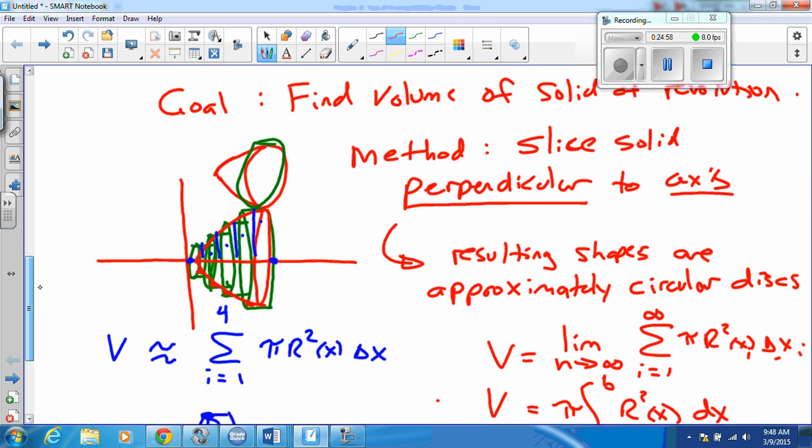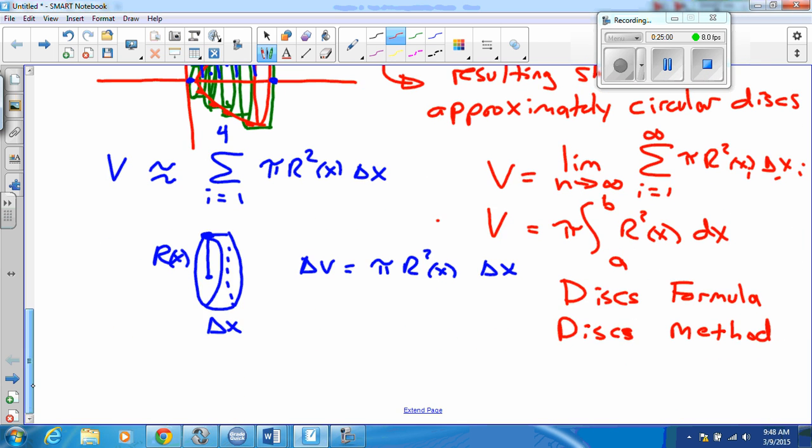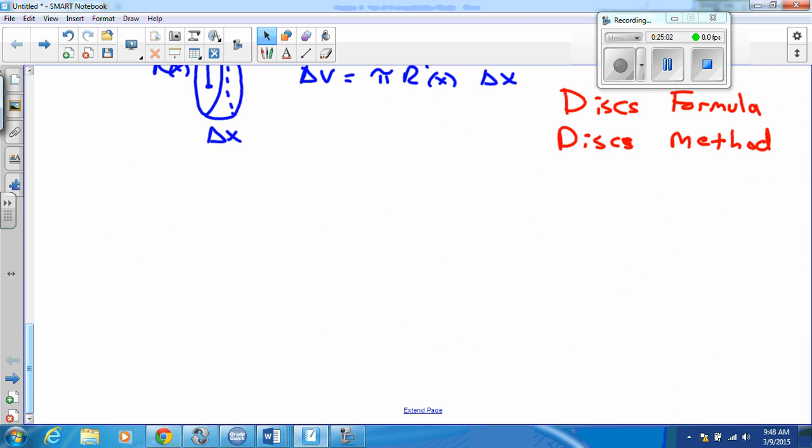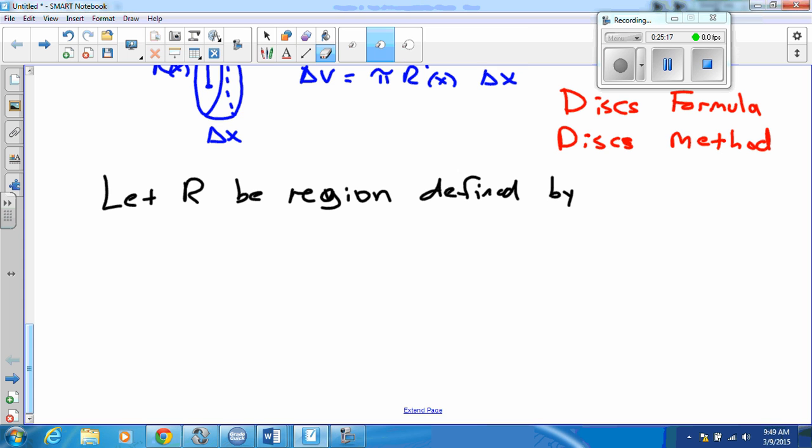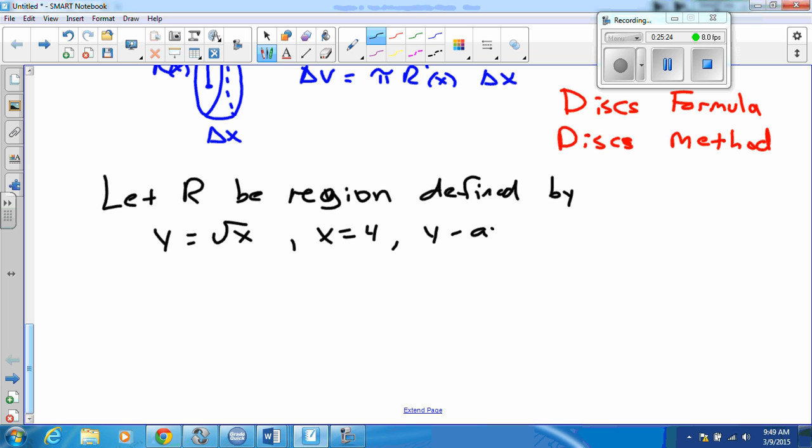So here's our theory. How does this work out in practice? Here's how this is going to work out in practice. Let me remind you of our problem. Let R be the region defined by y equals the square root of x, x equals 4, and the y-axis.